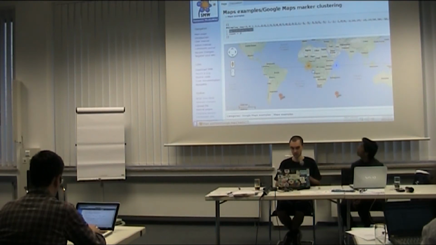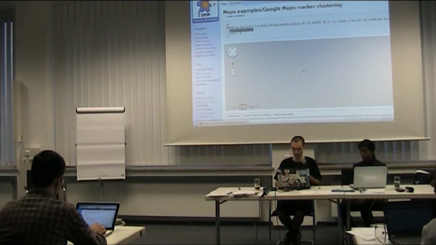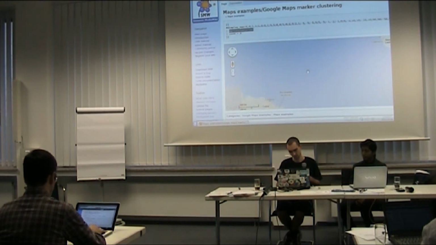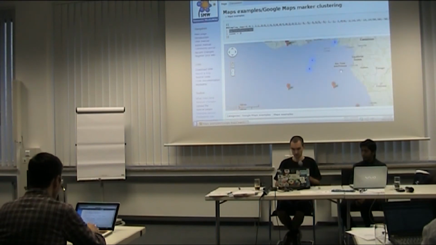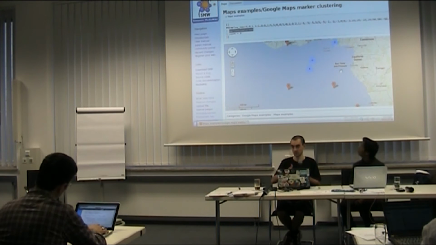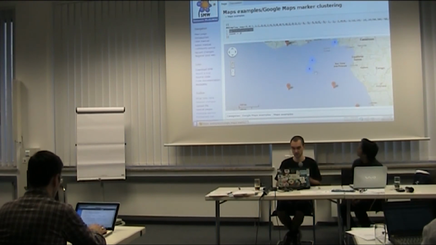And then it will group nearby locations. And if you zoom in enough, it expands and shows the individual locations. Yeah, so you can see as I get closer, it splits up and shows you the individual locations.